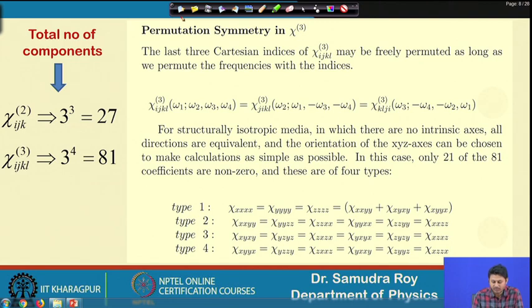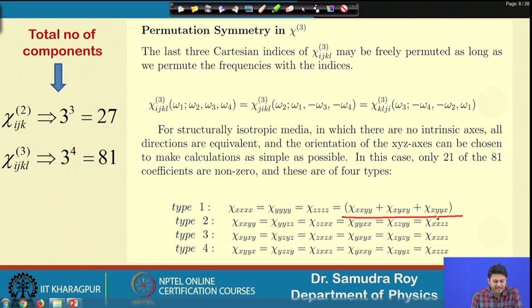How are these 21 components there? You can see 1, 2, 3, 4, 5, 6, 7, 8, 9, 10, 11, 12, 13, 14, 15, 16, 17, 18, 19, 20, 21. So, these 21 components are there, but they are also related to each other. So, eventually we will have only these 4 different ones, and again we have one equation in our hand, so that we can have only 3 components that are different.